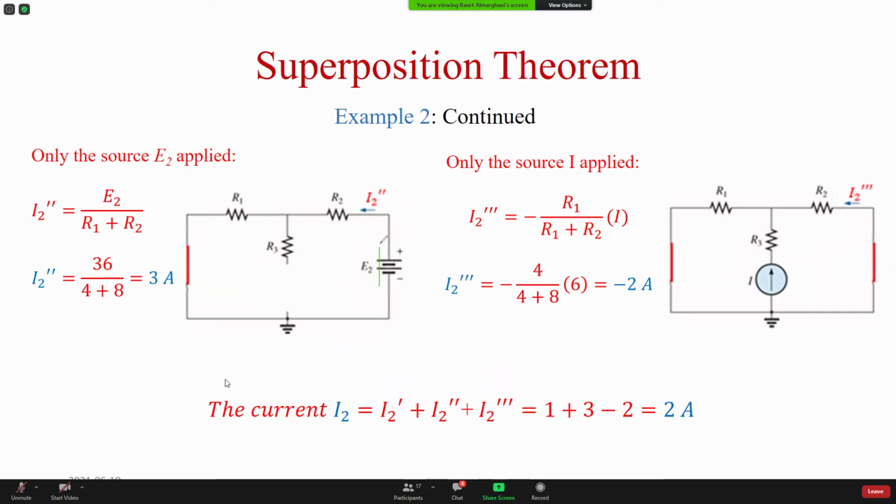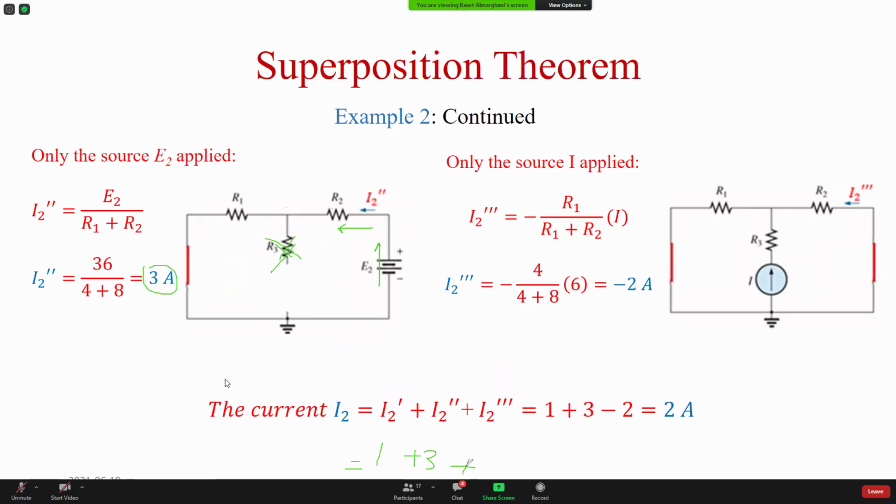Now this voltage is going to give me current this way. This is an open branch, so remove it. Current is the voltage divided by the resistance, which gives me 3 ampere. So the first source gives me 1 ampere, and the second source gives me 3 ampere.